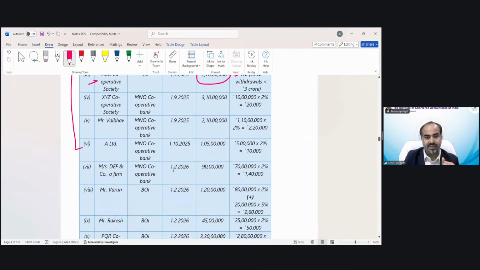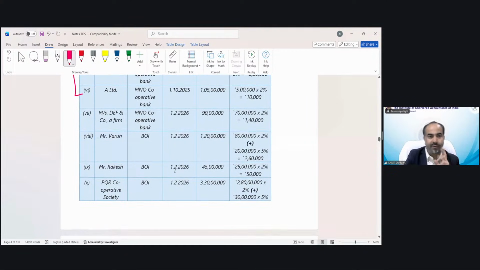Now after this, let me take this kind of case. Mr. DEF and a company, a firm. So in this case, ITR is not filed in time or not filed at all. They withdraw 90 lakh rupees. So it is not a cooperative society, it's a firm. So what will happen? Out of this 90 lakh, up to 20 lakh, no TDS.